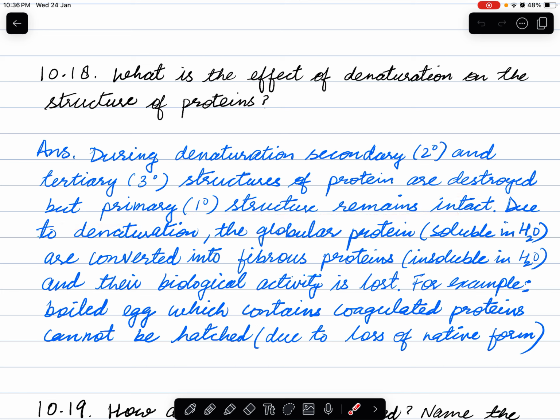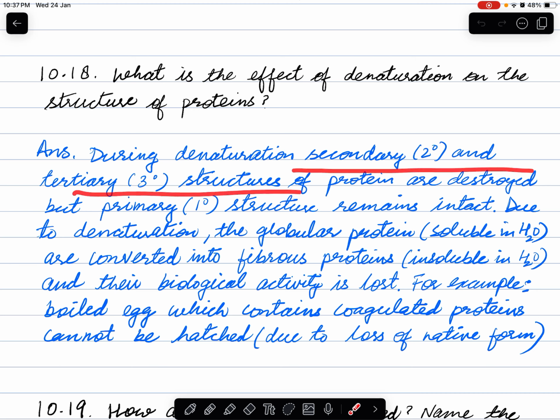And due to this denaturation, the globular protein, which is soluble in water, is converted to fibrous protein, which is insoluble in water. So therefore the nature of protein changes, and their biological activity is also lost. Again, I am repeating that biological activity is because of the 3D structure.